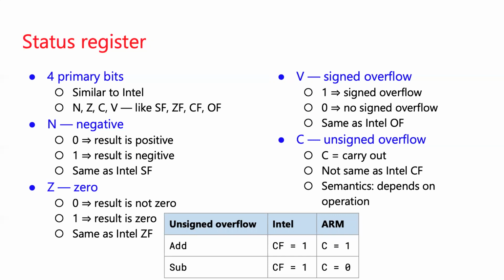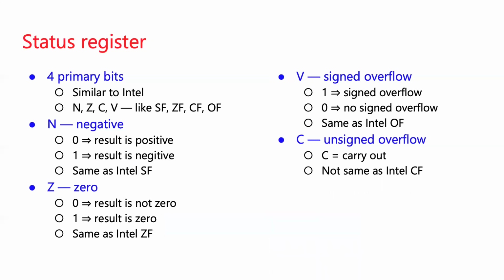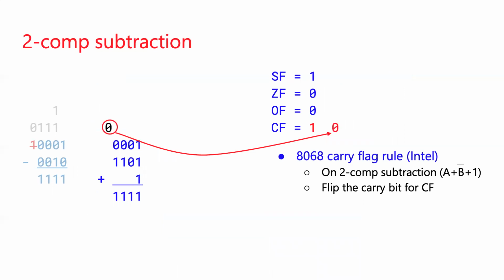So let me back up a couple of slides so I can point to what I'm talking about. So the point here was we noticed when we do subtraction, if we just do bitwise subtraction, we get a carry bit that has what we expect. When we do it by adding the negative, well, the carry bit doesn't give us what we want, but Intel is designed to flip the carry bit if subtraction is implemented like that, and that would be internal to the processor.